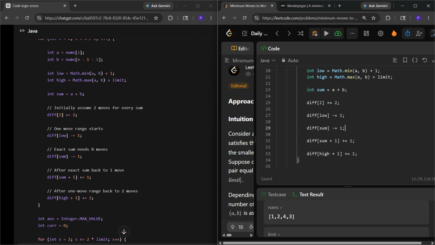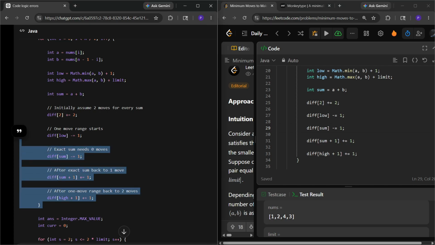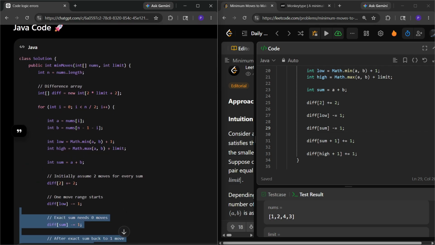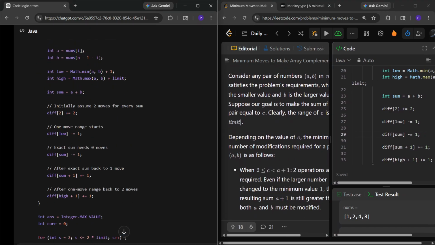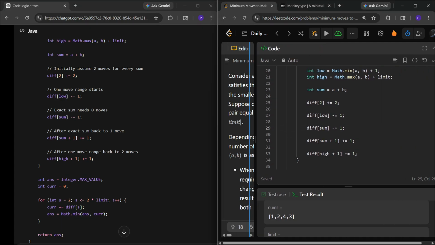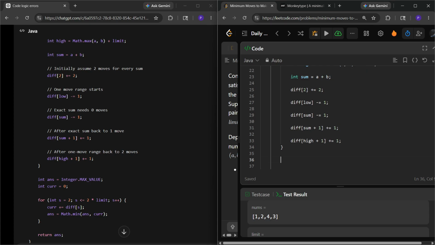Okay, I kind of lost it. I assumed everything needs 2 moves. Then I said the lower value is going negative. But I'm not checking anything. I do some modifications to this difference array.